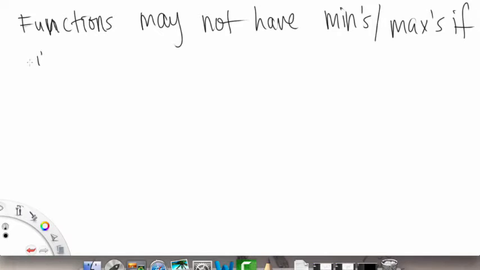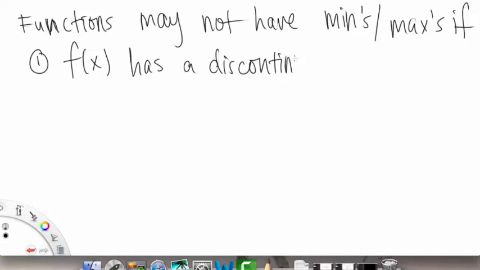One is that if f of x has a discontinuity, so if it's discontinuous at some point. That would look like x and y, and a graph going along, and this is a and this is b.